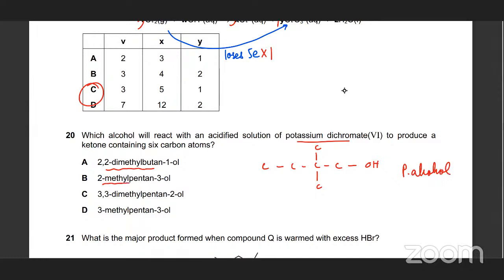This one looks like a secondary alcohol, but we'll have a go. Pent means 5 carbon atoms. 3-ol means the OH is on the third one, and 2-methyl, so that's a carbon on the second.